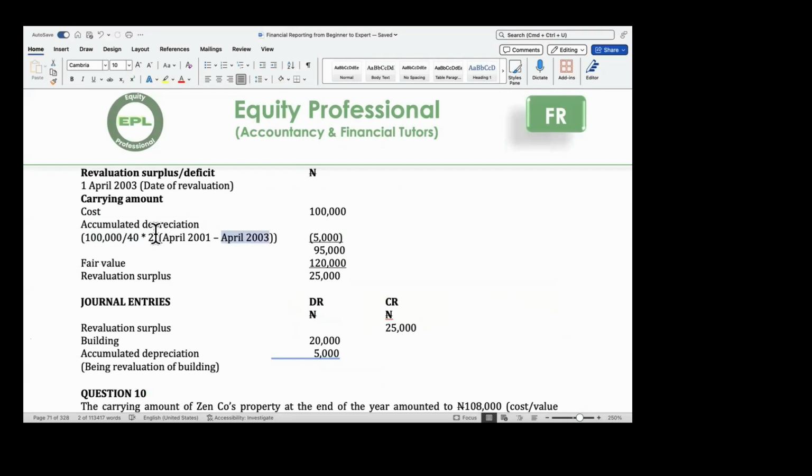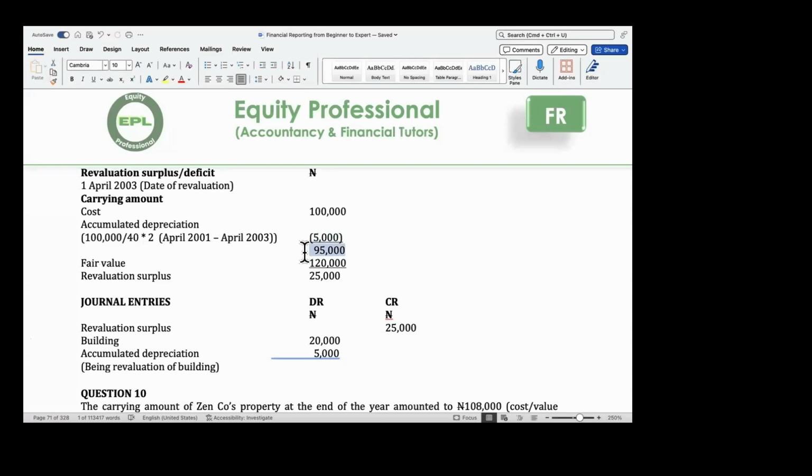So that means we are going to get the accumulated depreciation of 2 years, which is cost divided by the useful life, 100/40, multiplied by 2 years. That gives me 5,000. When I take away 5,000 from 100,000, that gets me to my carrying amount of 95,000.